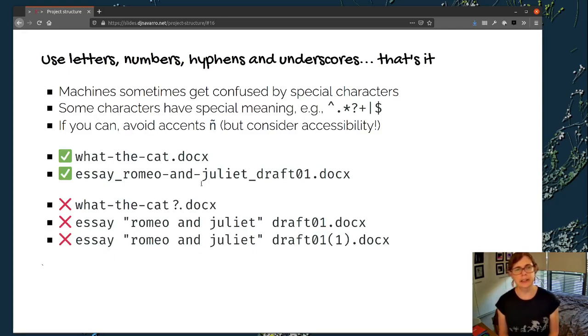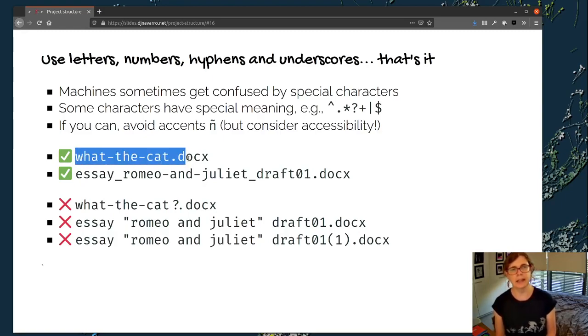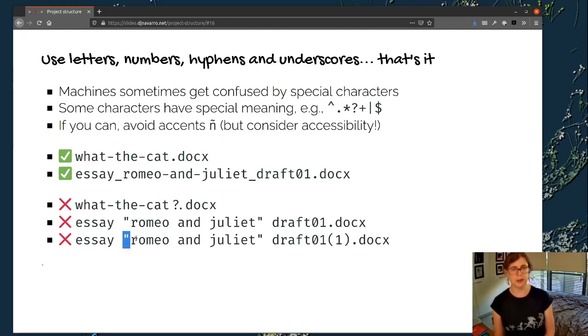So here's the idea. If I wanted a file called what the cat, and I'm actually asking a question, what I don't want to do is include the question mark. Just say what the cat, like I have up here in the top. Similarly, if you've got an essay, Romeo and Juliet, notice here I've got quote marks in the text. This is bad.